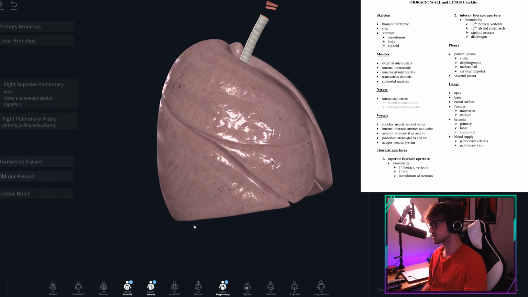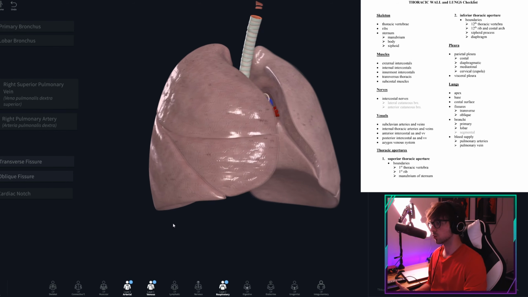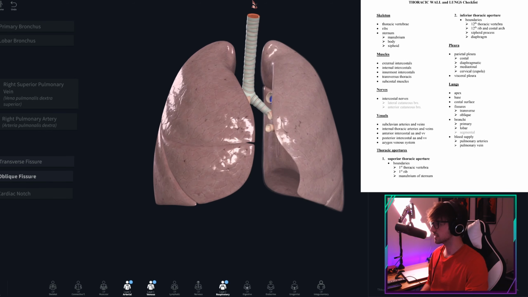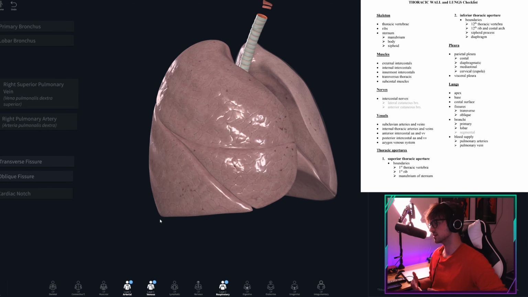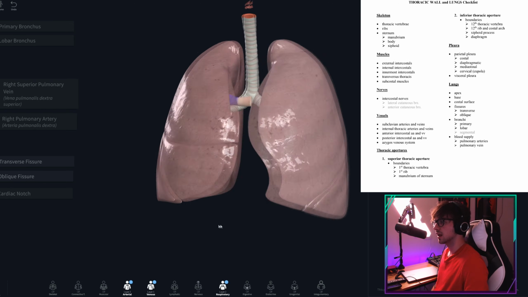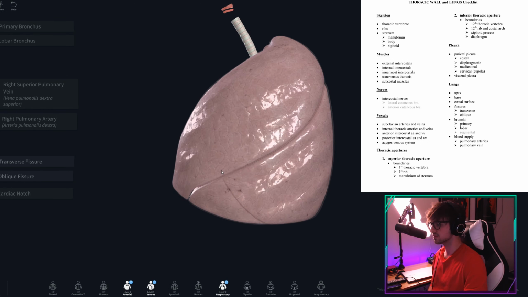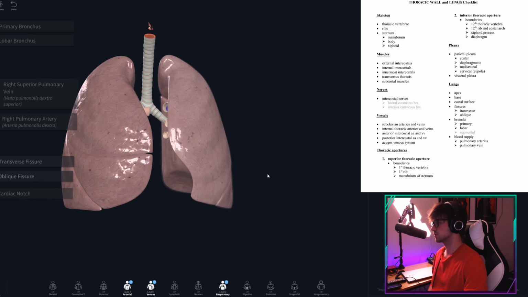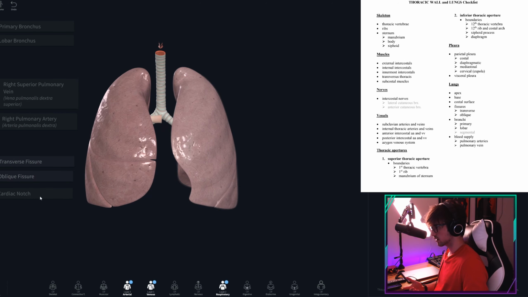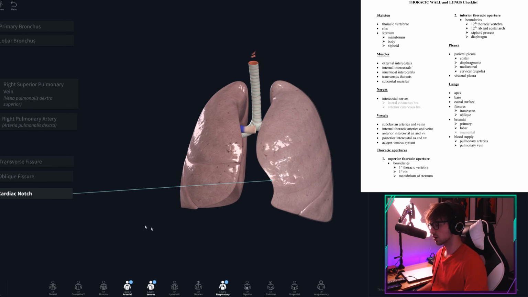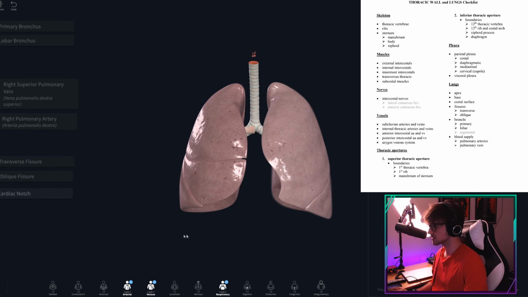The transverse, another name for it was the horizontal fissure, and the oblique fissure is going up kind of like a V, like the oblique muscles. And the left lung here is only going to have this oblique fissure, not a transverse fissure. Another unique thing about the left lung is it's got the cardiac notch in it where the heart would sit.